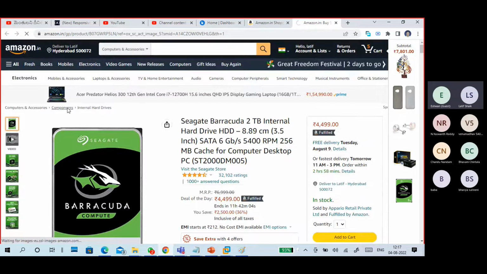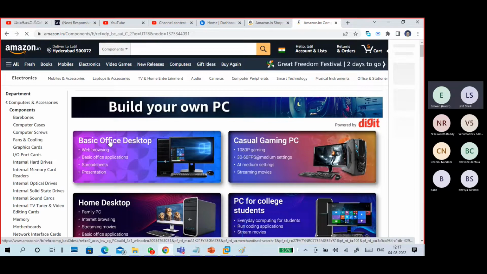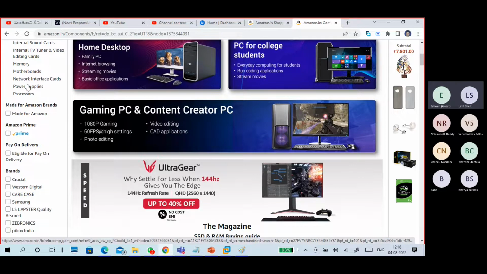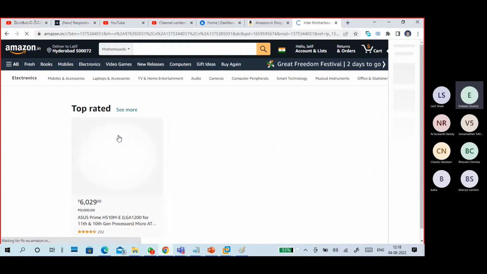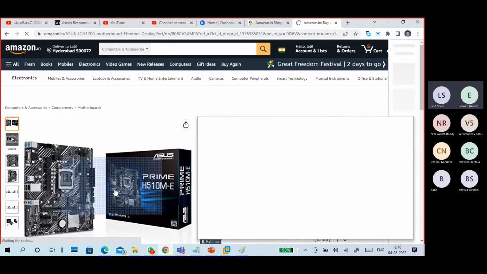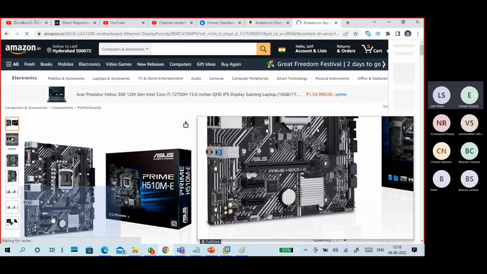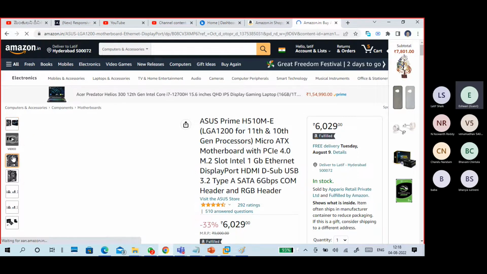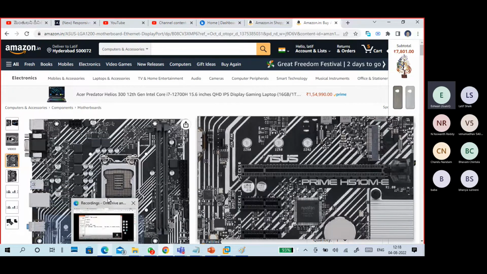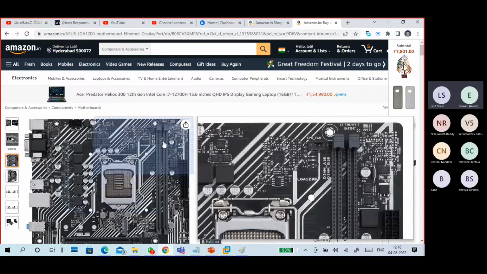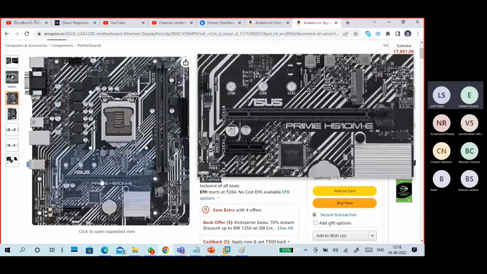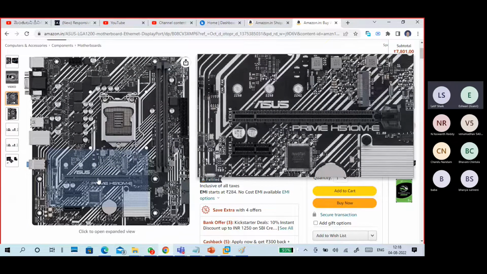Next, here it is, some motherboard kind of stuff. I'm opening a motherboard here, which I think is the latest one. Look, this is a RAM slot. This is the processor. This is the graphic card kind of stuff.